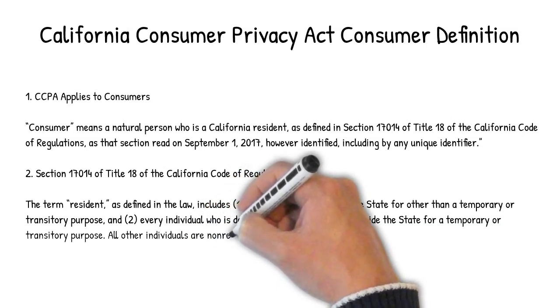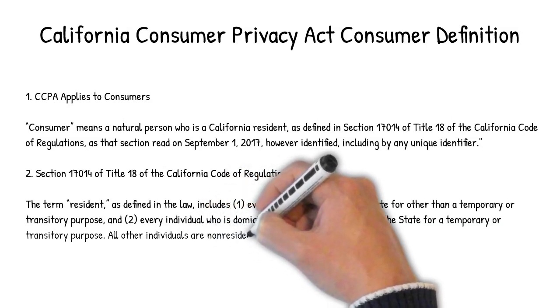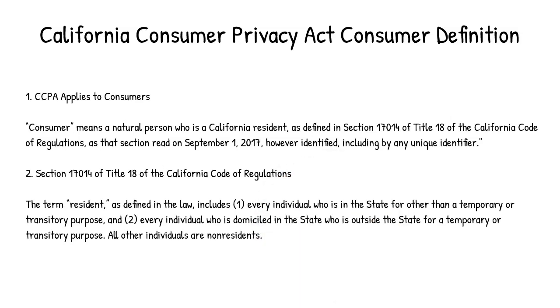Now, the important thing to understand, and the reason why the definition of consumer is important, is because it means a natural person who is a California resident. So technically that means that when requests come in, if they're coming in from somebody who's not in California, you don't have to comply. So let's say you have an e-commerce site, you're selling wedding accessories, and you sell them all over the country.